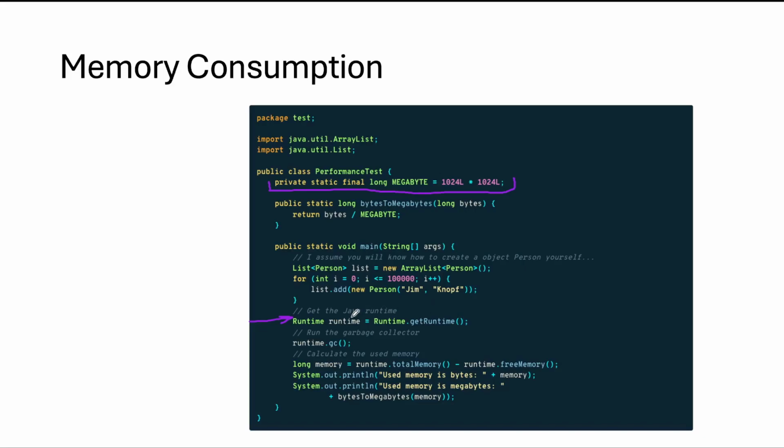Okay, and using the runtime, use the garbage collector and clear the unused memory. Next, you calculate what was the total memory that was available to you and how much is the free memory available.